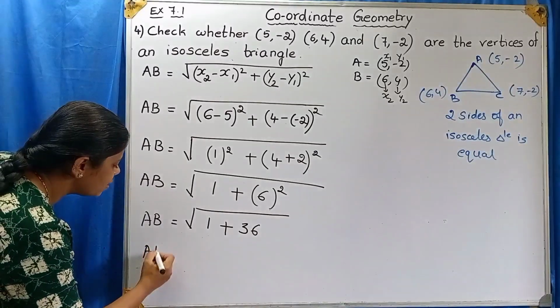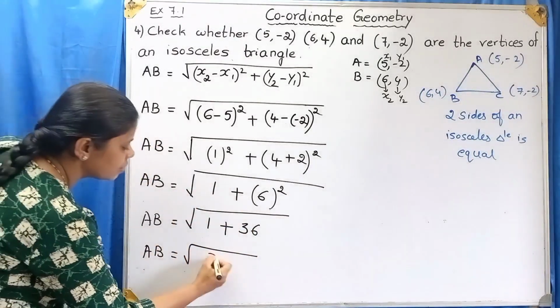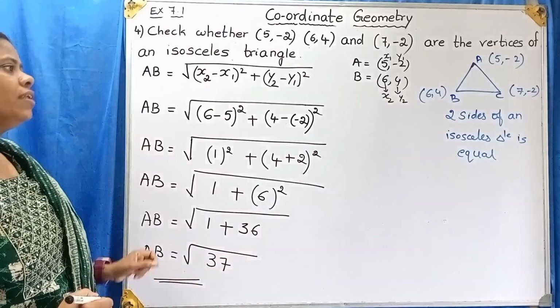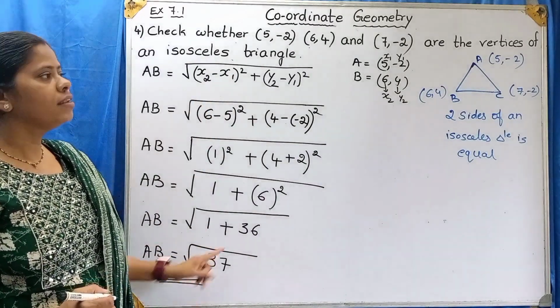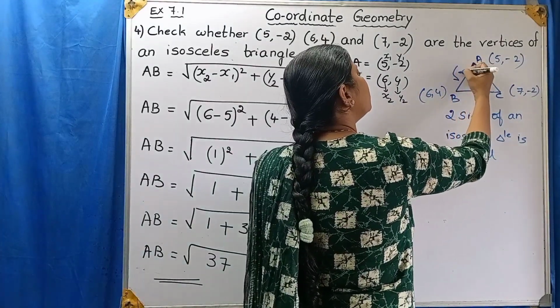Then AB is equal to the square root of 1 plus 36, which is 37. The distance between AB is root 37.